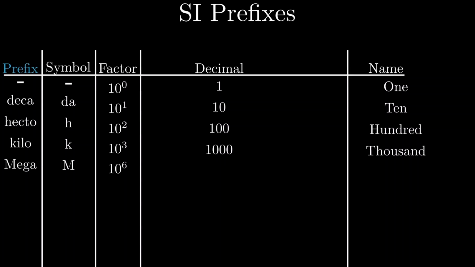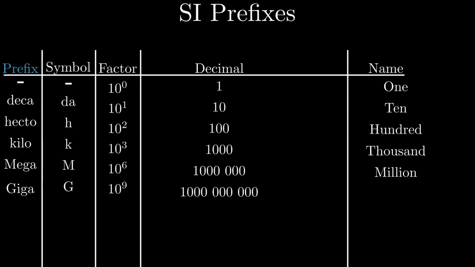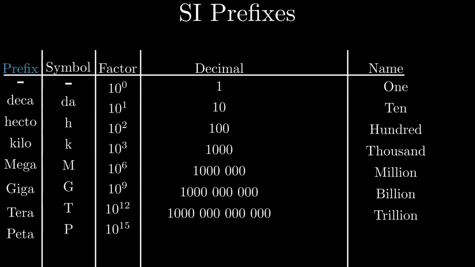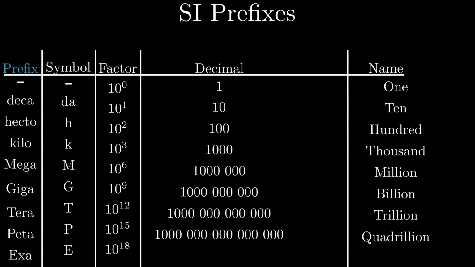Okay, so the 1,000, and mega is 10 to the power 6. Then you have giga. So mega is a million, giga is a billion, and tera is a trillion. Peta is a quadrillion, and exa is a quintillion, which is 10 to the power 18.